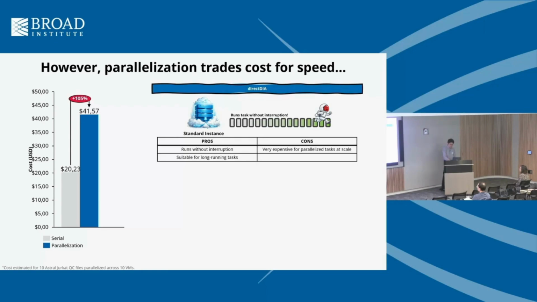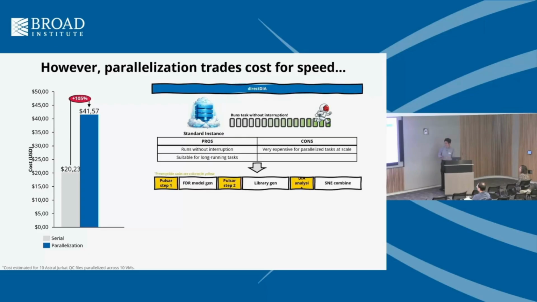However, what's unique about the parallelized architecture is that instead of running one big directDIA task, which takes a few days to run, we're now running segments of mini tasks. The yellow highlighted rectangles are the tasks that are being parallelized, and these tasks only take 1 hour for each sample to run.